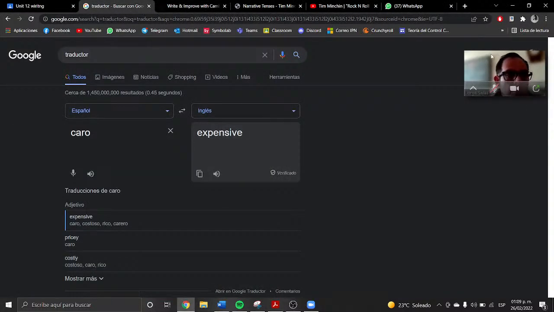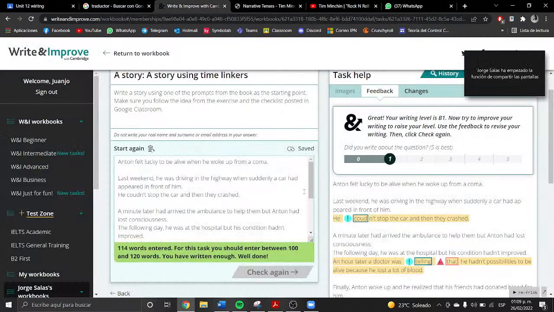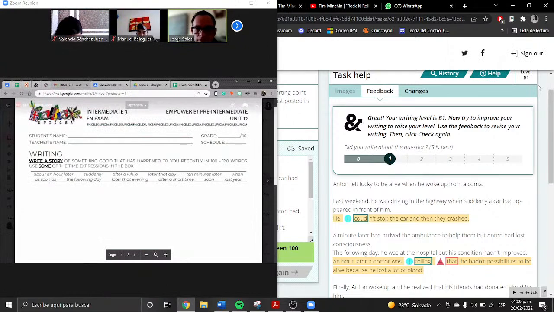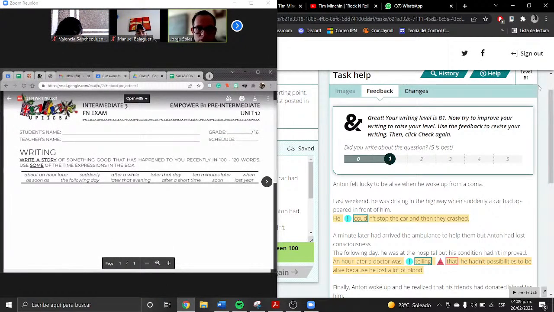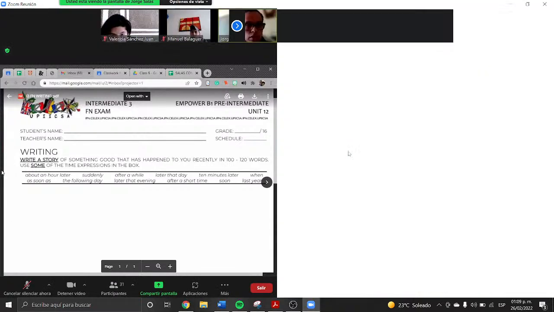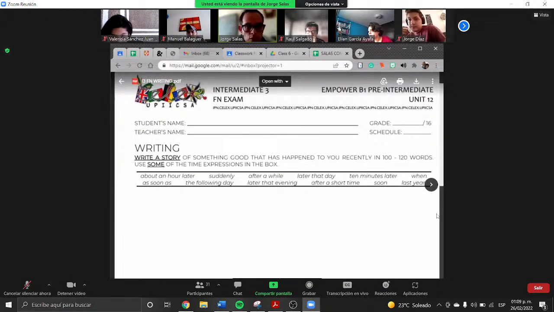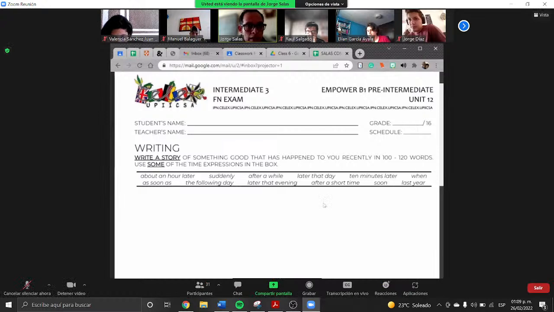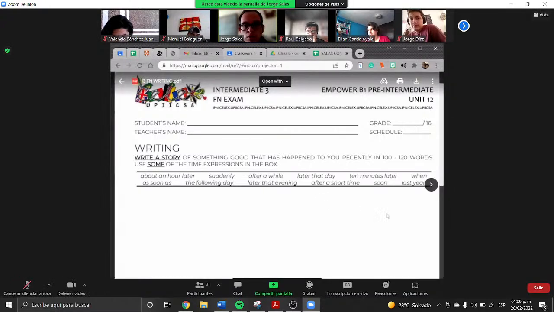Instructions on the screen right here. Check the number of words. It says use some of the expressions, not all. Esto no es de si ocupo las 10, pues saco 10. No. Use them correctly. Those are your options. 100 to 120 words, exactly the same amount as in the exercise. Remember to take a picture and upload it to Classroom, please.